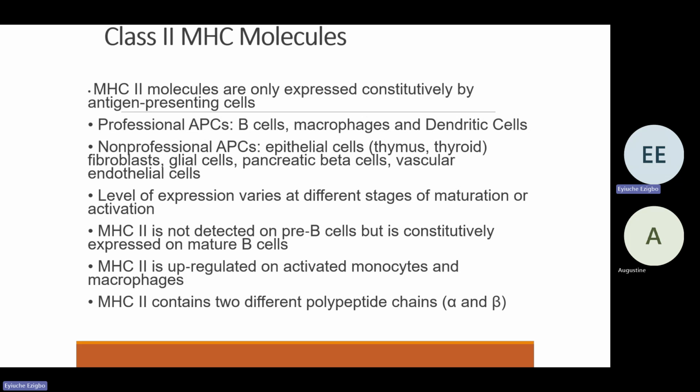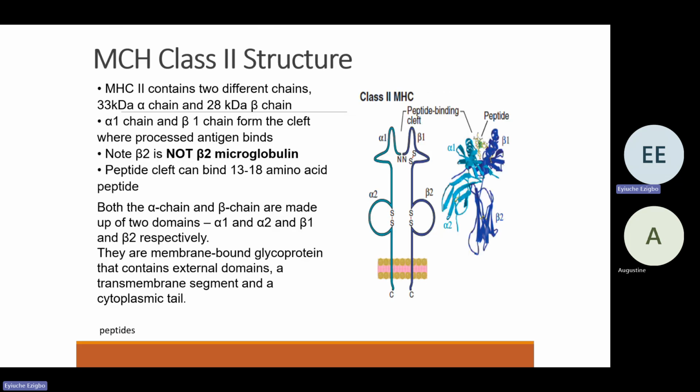MHC class 2 contains two different polypeptide chains, the alpha and the beta chain, which we will see in this diagram of the MHC class 2 structure. So this is a diagram showing the MHC class 2 molecule structure.